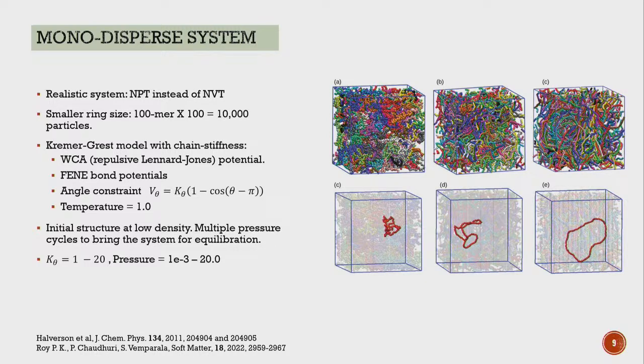We used the Kremer-Grest model, which is very traditional for this kind of coarse-grained modeling of polymers, and a particular angle constraint, which is basically Kratky-Porod type modeling. We simulated the system over a range of stiffness and pressure. We wanted to study what the structures of this system look like and what the dynamics of these systems are.